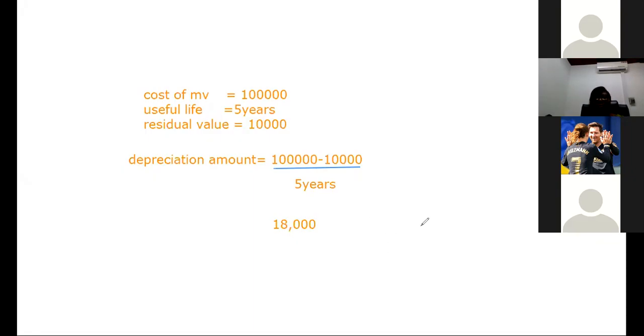So that is the depreciation amount. This is the amount we will be allocating to represent the consumed portion of the motor vehicle that we would have invested in. So that is depreciation.